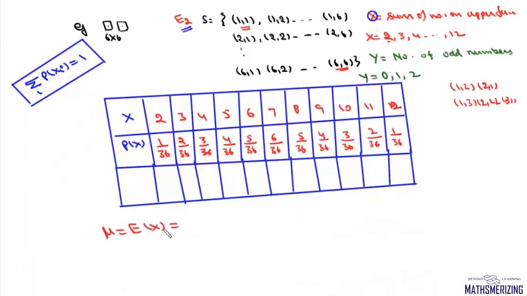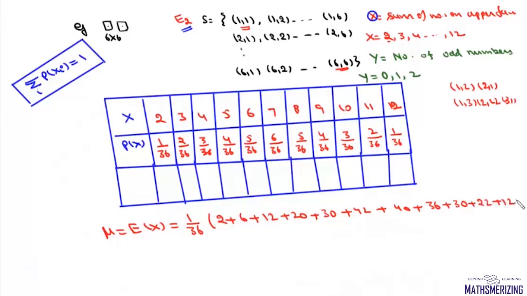So mathematical expectation of x will be, we'll take this 1 by 36 common from each, and then we'll have 2 plus 6 plus 12 plus 20 plus 30 plus 42 plus 40 plus 36 plus 30 plus 22 and plus 12, which is 252 divided by 36, which is 7. So average value of this random variable x is 7.